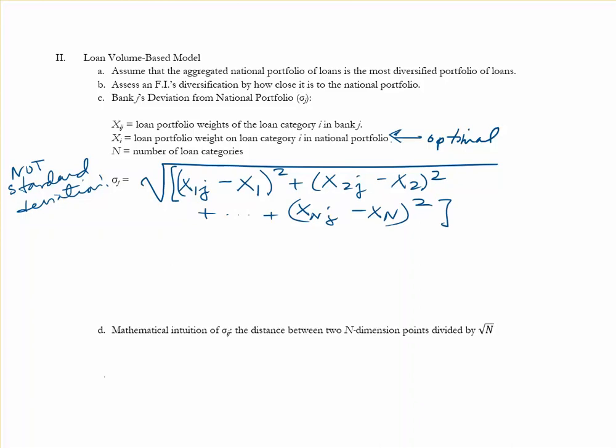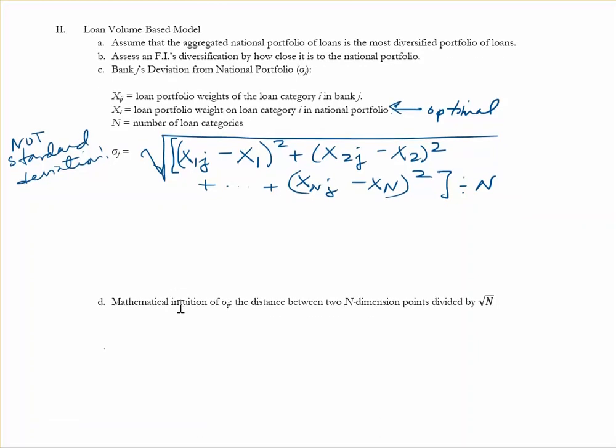And then we'll divide all of that by the number of loans. Right? So this is the square root of all of that. Now you might wonder, where does this formula come from?